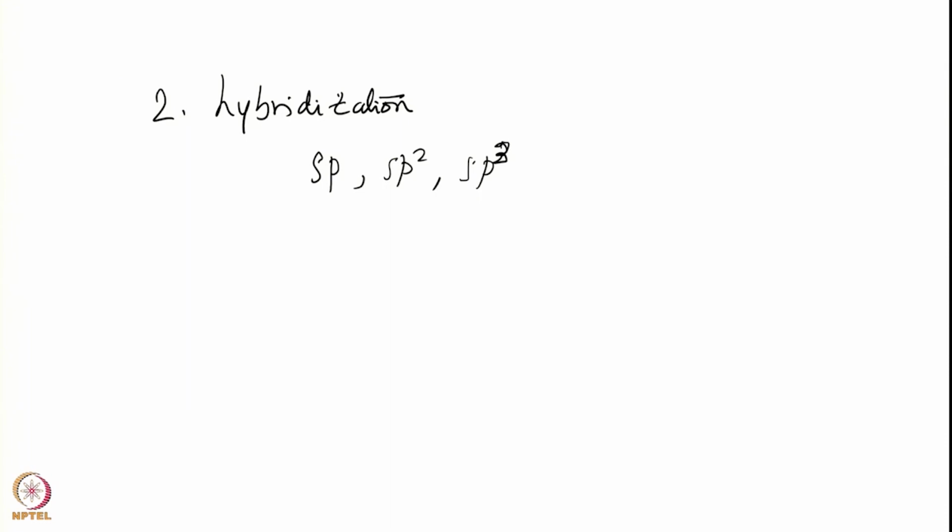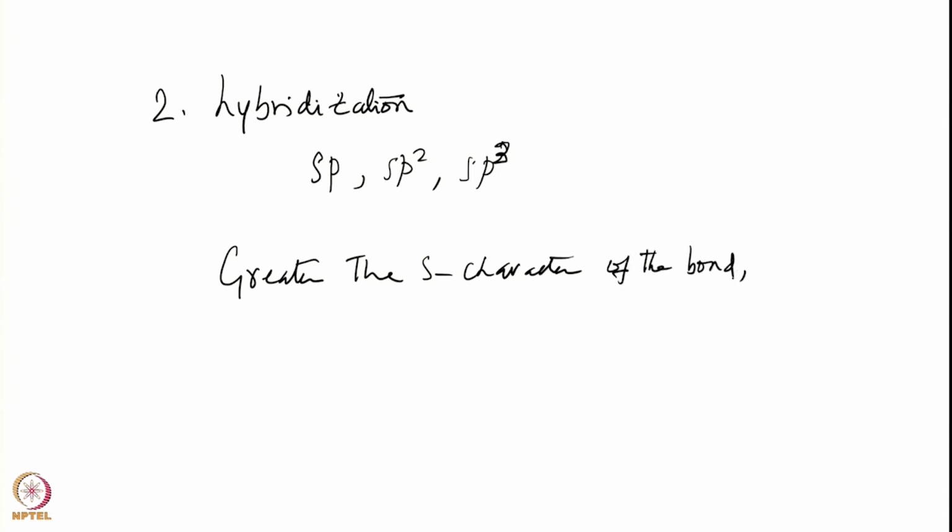So therefore, there is a rule which says that, depending upon the hybridization, the greater the S character of the bond, the smaller will be the electron density around the proton.